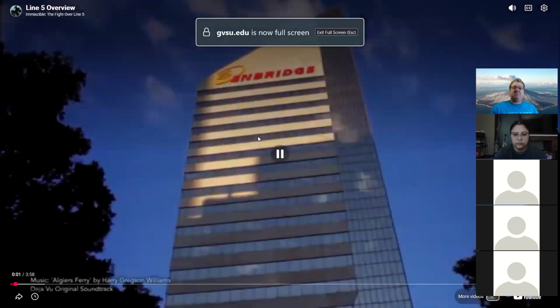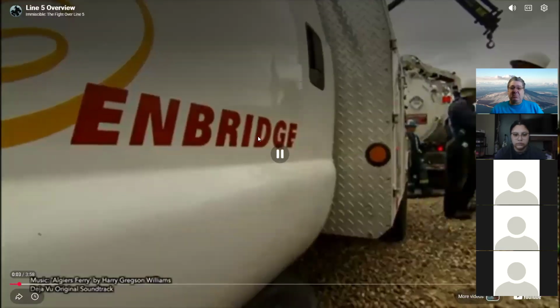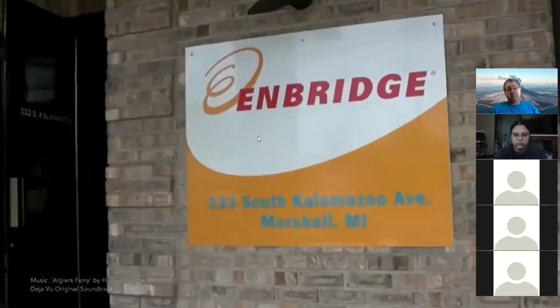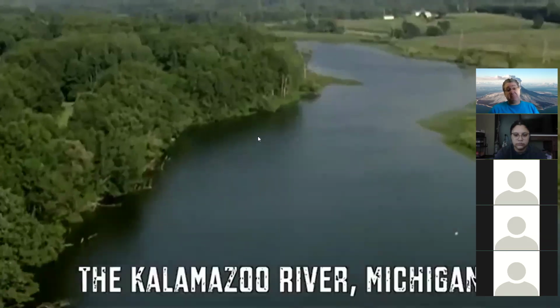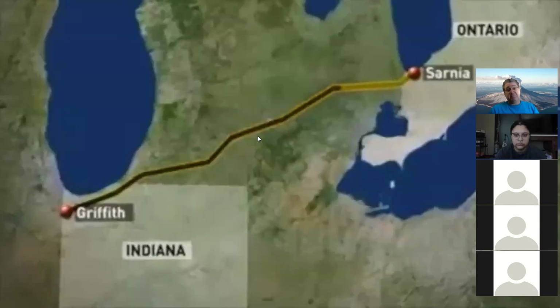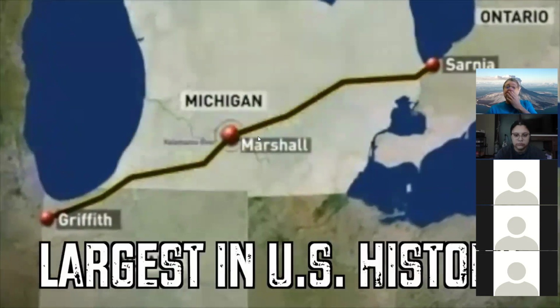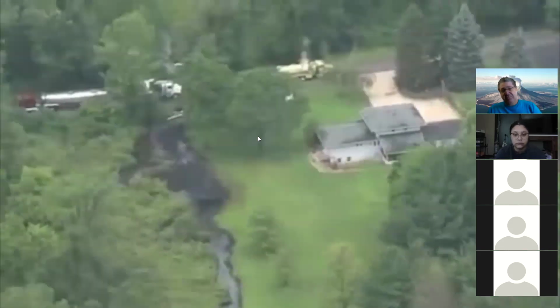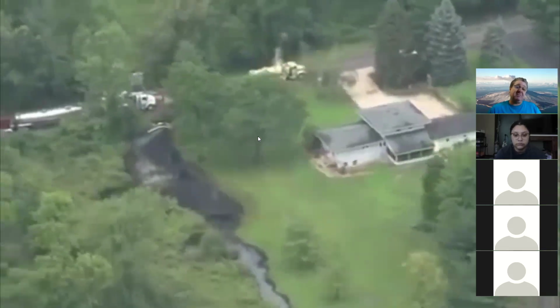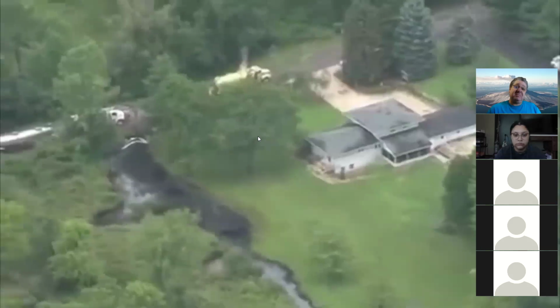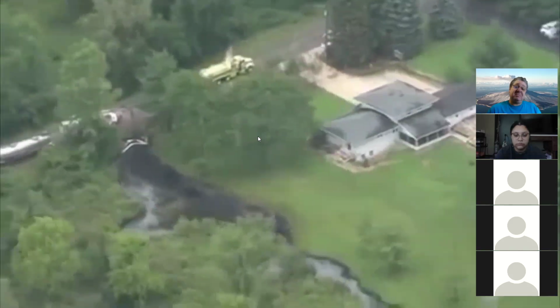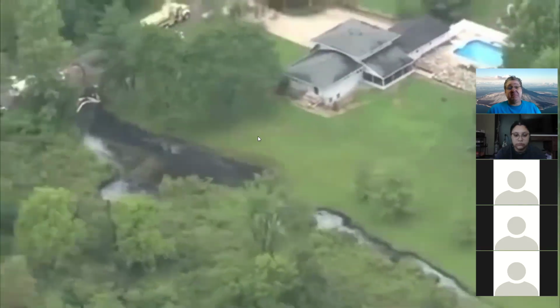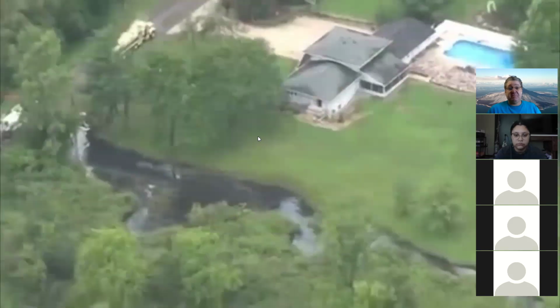Enbridge Energy Partners is a Canadian company that specializes in energy transportation and distribution. In July of 2010, Enbridge was responsible for the largest inland oil spill in United States history. As you can see from some video I think we have from Chopper 7 and from the ground, a huge slick, about 877,000 gallons of oil have spilled out into the creek here near the Kalamazoo River.